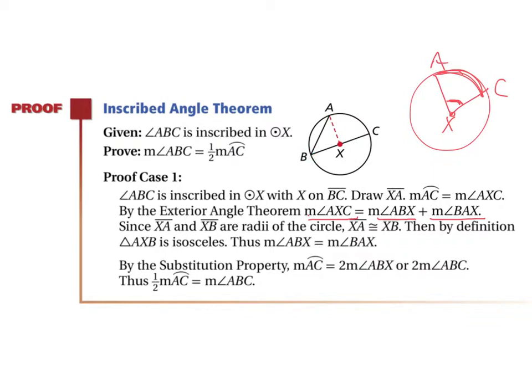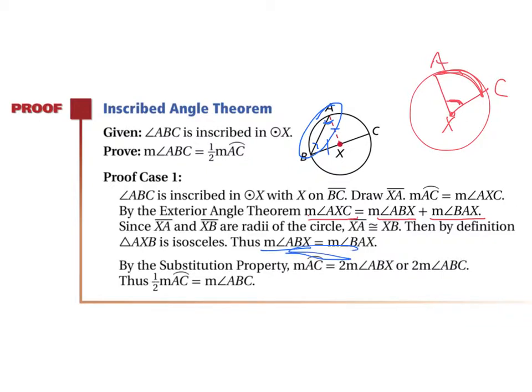And how do we know that? Because that's what we learned a long time ago, that the exterior angle is equal to the two remote interior angles. Since segments XA and XB are radii, they are congruent. So we know these two angles are congruent. By definition of isosceles, that means these two angles are also congruent. So because these two angles are congruent, we know ABX is equal to BAX.